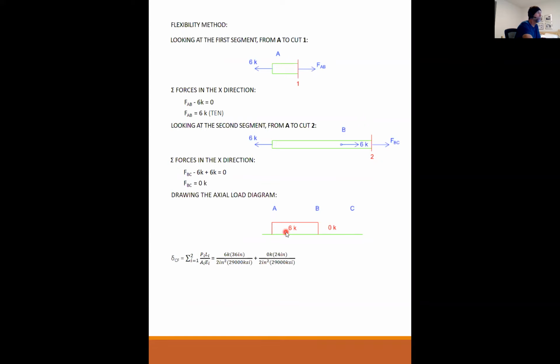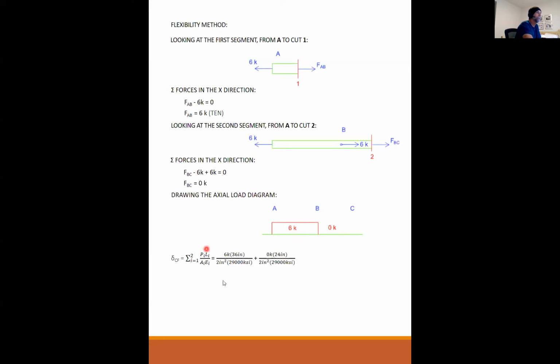You may have 2 segments, you may have 20 segments. There's no limit to how many segments you can have. The only limit is that in each segment, the load has to be constant in order to use this equation. If the load is not constant, then you have to integrate it, like we said last time. But if it is constant and you have several segments, it becomes very confusing what load is in each segment.